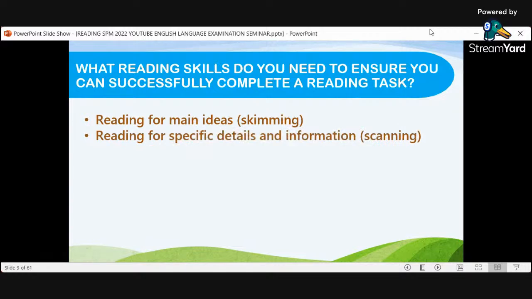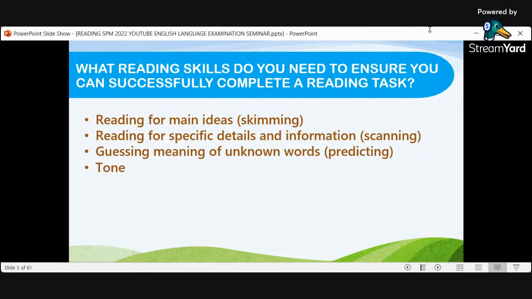You also need to read for specific details and information, which is scanning. You'll be guessing meaning of unknown words, meaning you're predicting. And then you are also going to read and understand the tone of a text, and the attitude of the writer or the speaker in the text, and then the opinion of the writer.